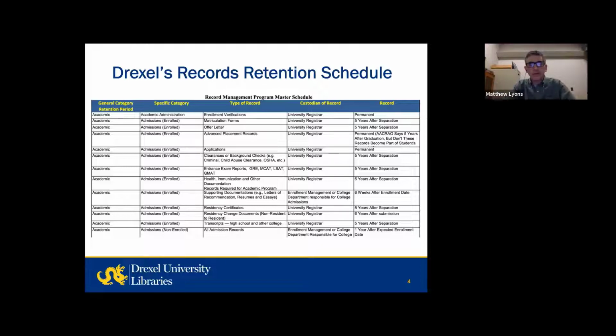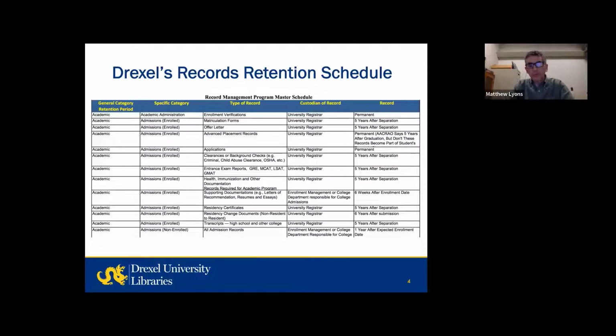At the left is the general category column, which includes things like academic, accounting and finance, health and safety. The next column is specific category, which under the general category of academic includes things like academic administration, admissions, and curriculum and instruction.